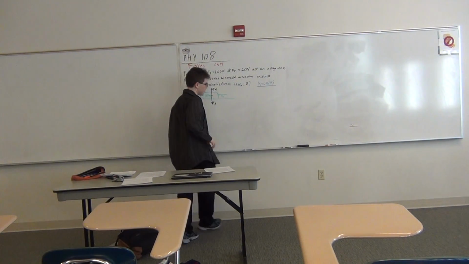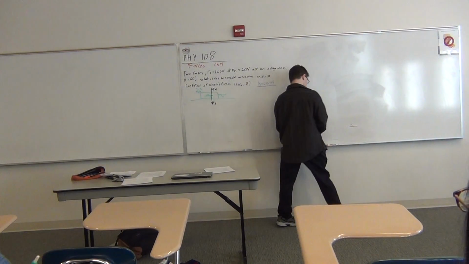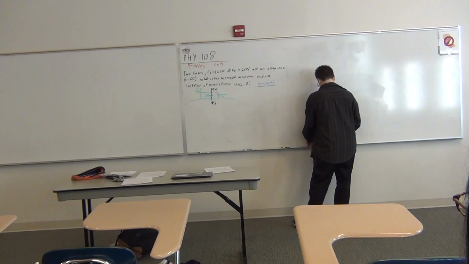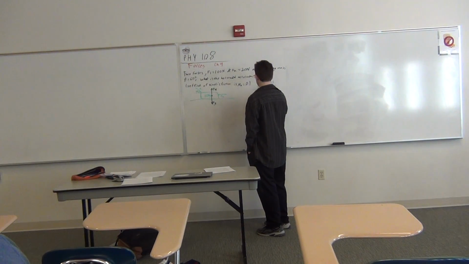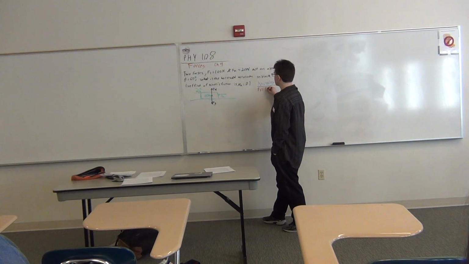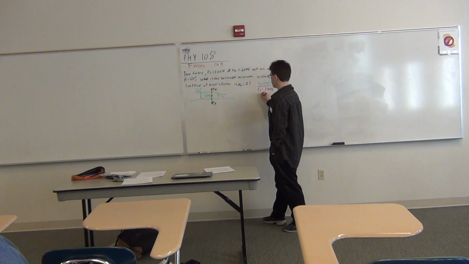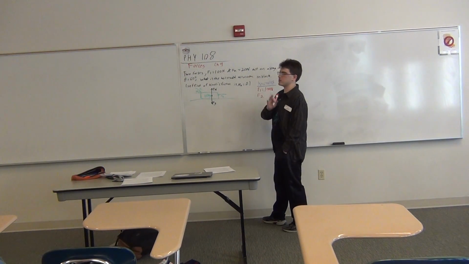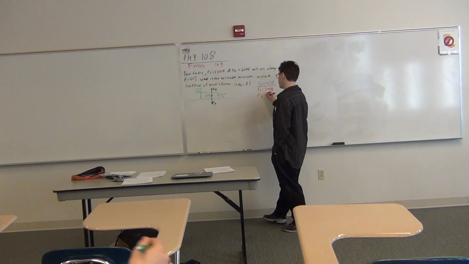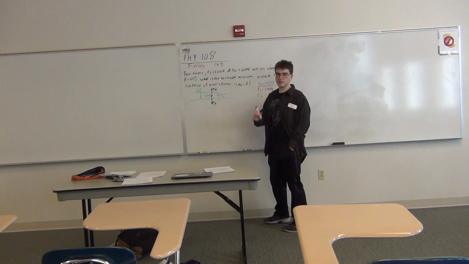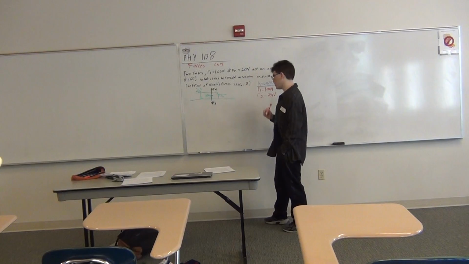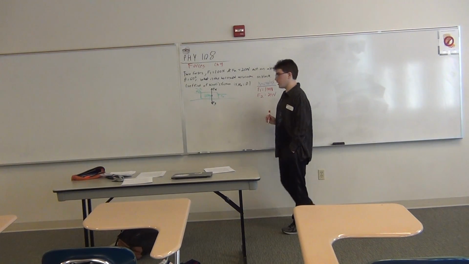What do we know in this problem? We know the two forces, and the mass is 10 kgs. I'm just repeating what you say out loud. F1 equals 100 newtons, F2, 20 newtons. Is that in agreement with the problem? Okay. And what else do we know?